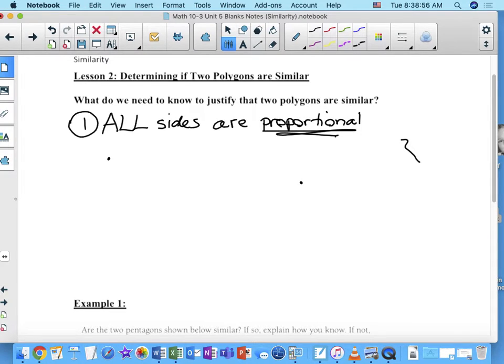Okay. So what that might look like in a picture is that thing that we talked about at the beginning of yesterday's class that relates to a scale factor, right? One shape might be a scaled up or a scaled down version of the other one. So if I take a quadrilateral, I'm just going to make something up, maybe like 2, 5, 4, and 7.